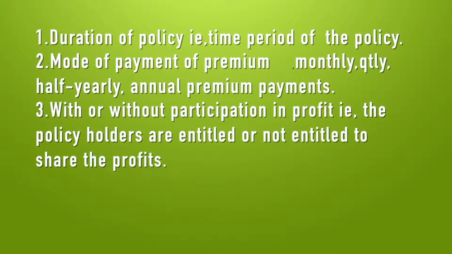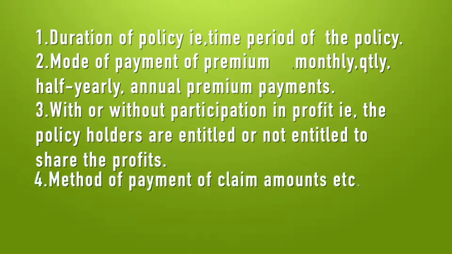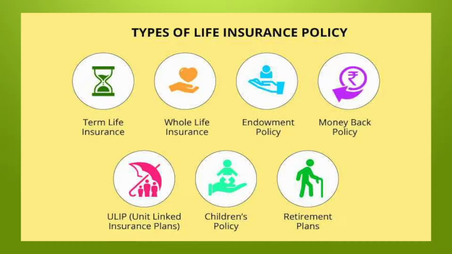Next, with or without participation in profit, that is, the policyholders are entitled or not entitled to share the profits. Then method of payment of claim amounts, etc. So, these are very broad classifications of policies in the life insurance industry.